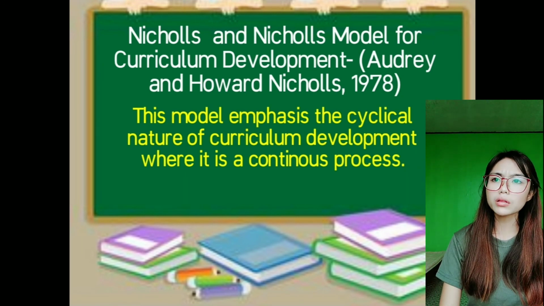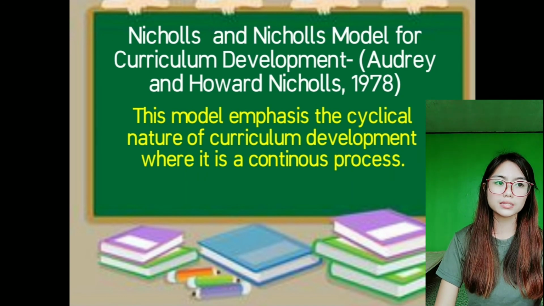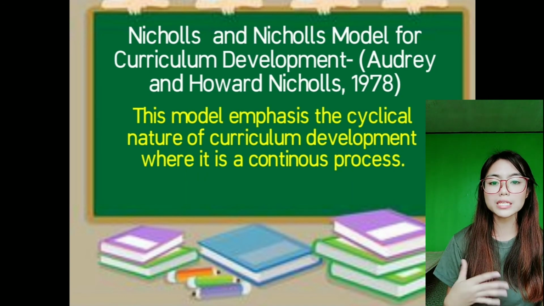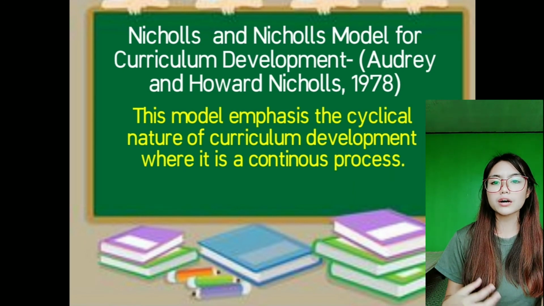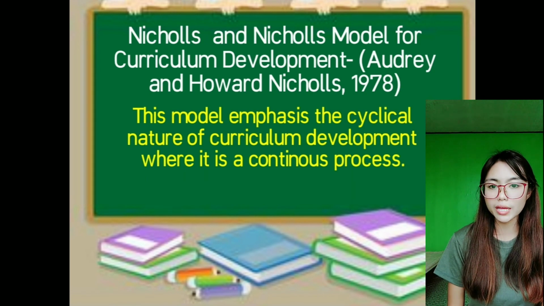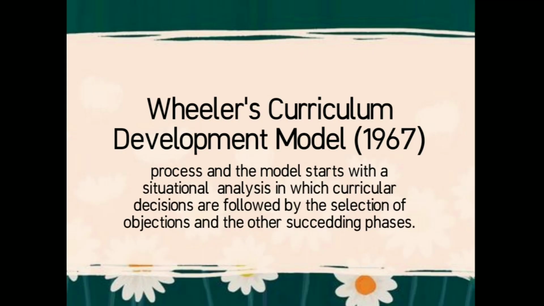The model also begins with a situational analysis. Of course, because it is a continuous process, it then moves on to curricular decisions, objective selection, and the rest of the stages.